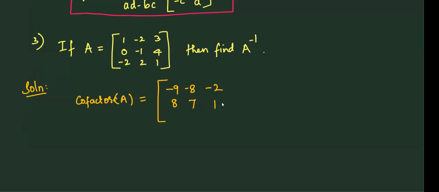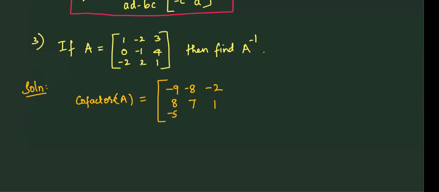Next is a minus sign, so it is minus 1 multiplied by minus, so you will get 1. Then for minus 2, the cofactor will be minus 8 plus 3, so minus 5 associated with a positive sign. So minus 5.